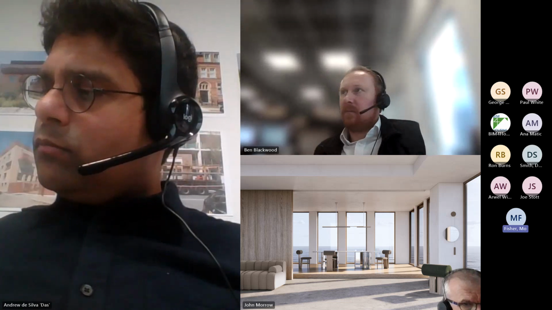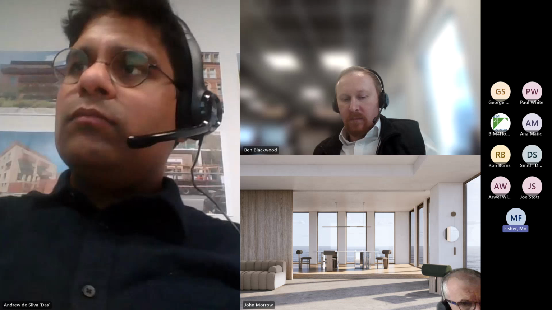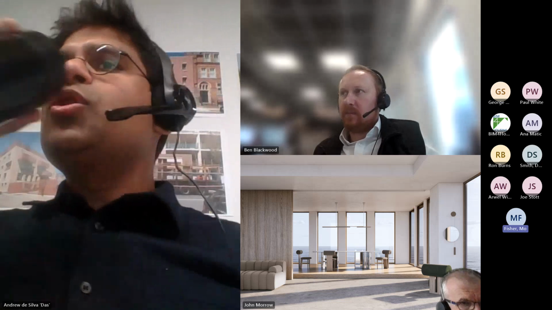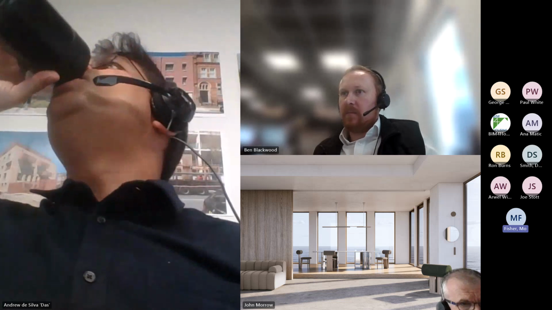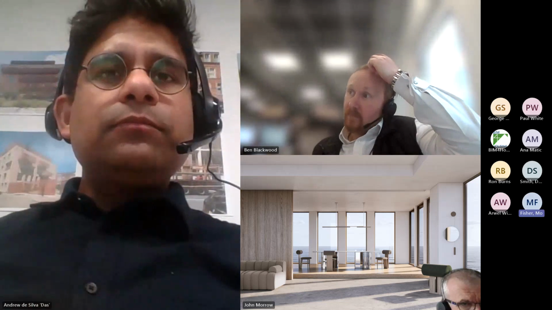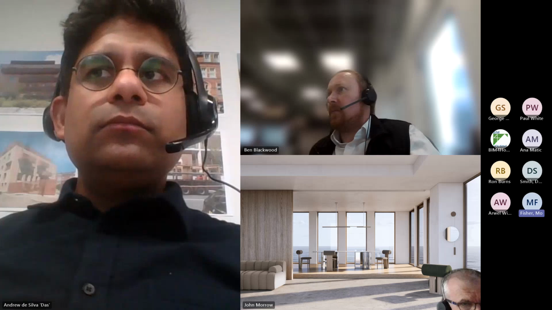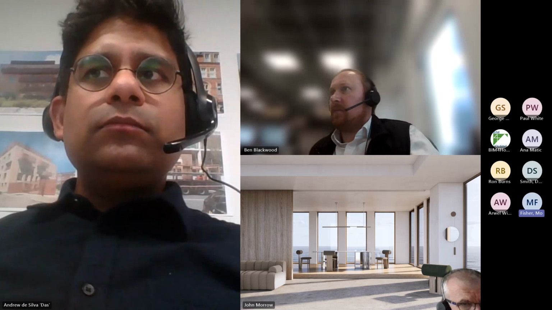So if a client says we don't know what the unit's going to be used for, and all of a sudden you've got mechanical ventilation for a cafe going in or something like that, how does that then significantly affect the safety of the rest of the building? Has it been considered? Compartmentation, structure, all of the above, if you see what I mean.